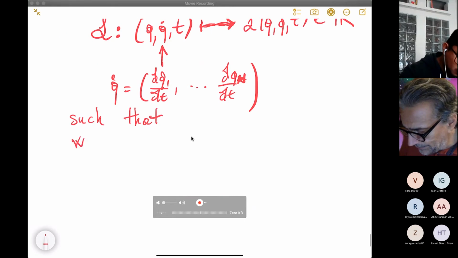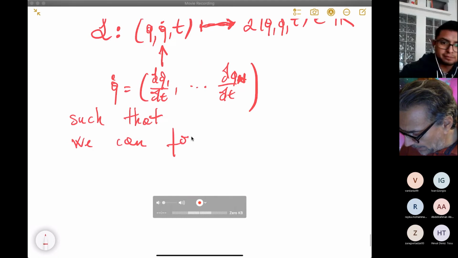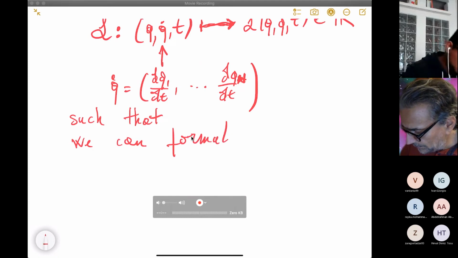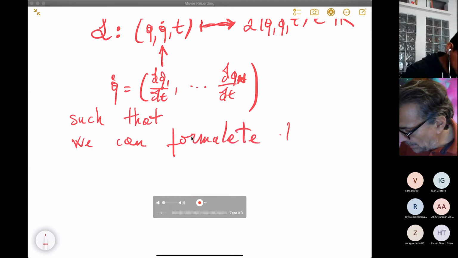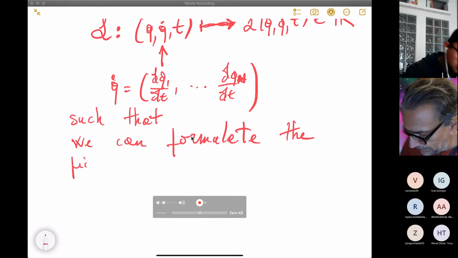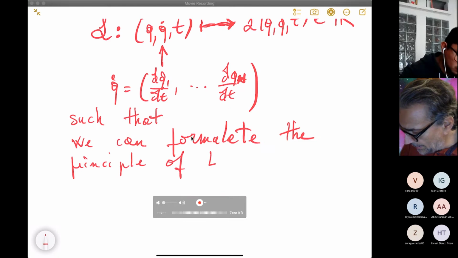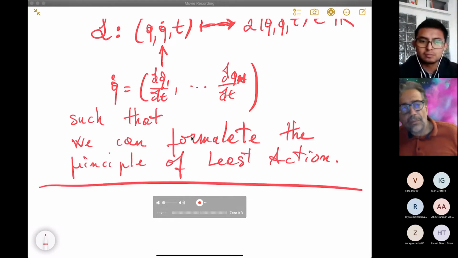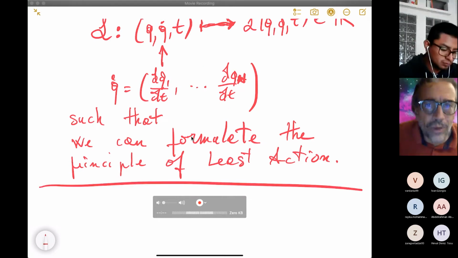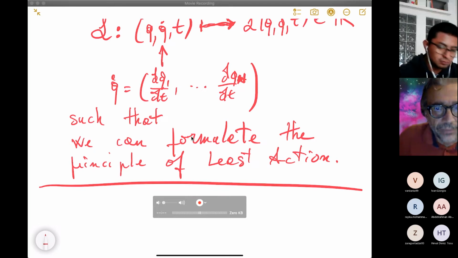From this we can formulate the principle of least action. Now I need to tell you what is the principle of least action.